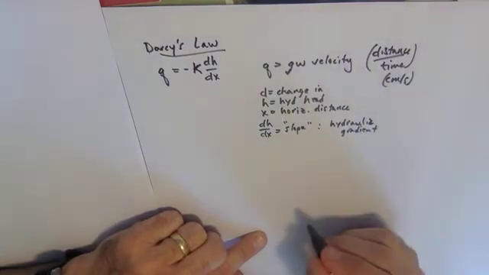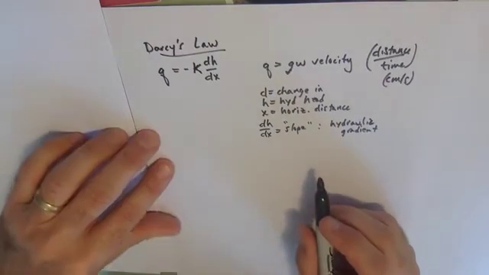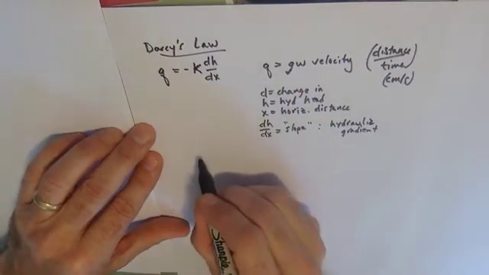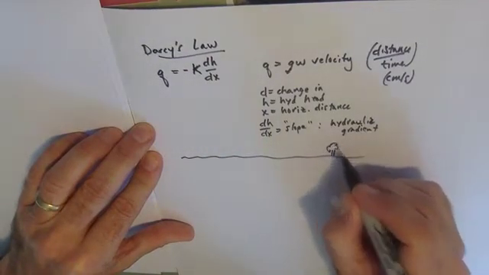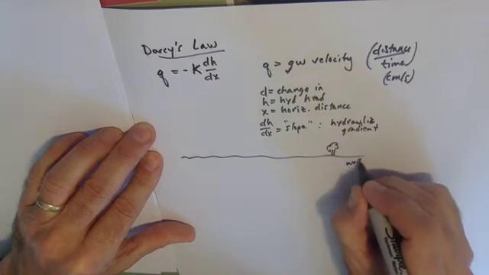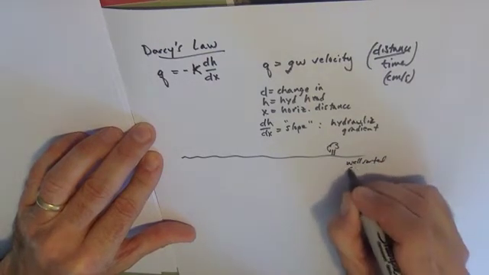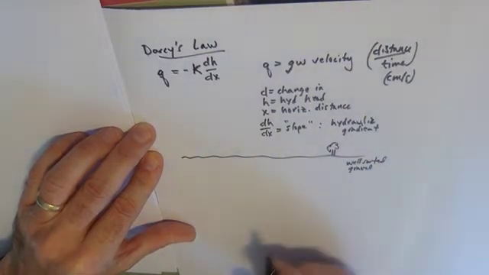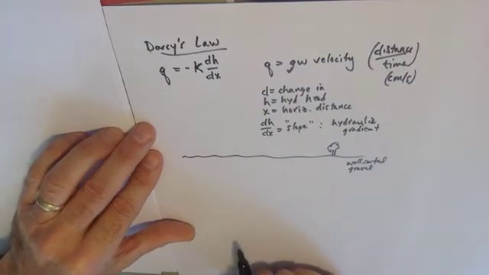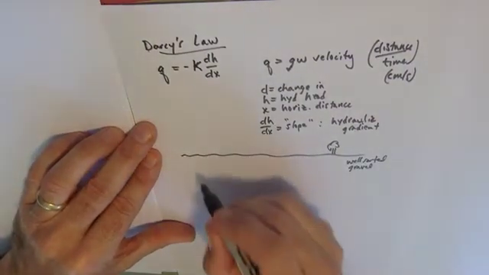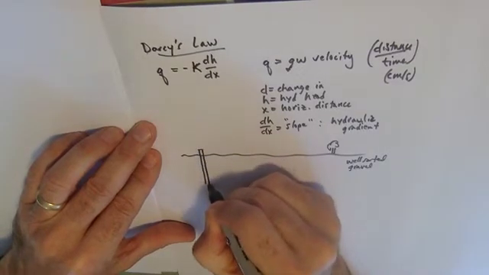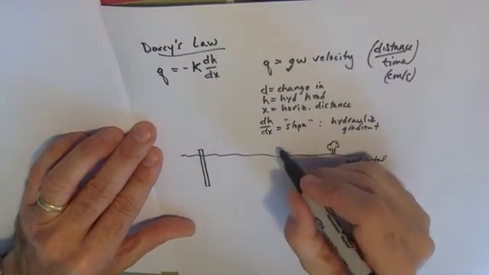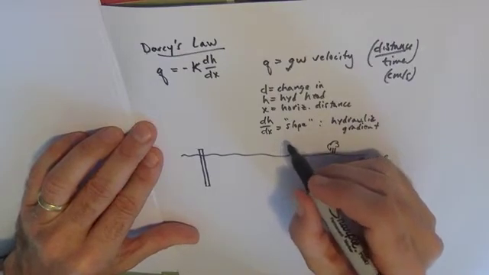Hydraulic gradient, okay? So let's imagine that we have a land surface like this, and it's in a well-sorted gravel. And we want to know where's the water flowing and how fast is it flowing. In reality, we would want to do a little bit more than this, but for now, we'll just make it easy. We'll think about this in two dimensions.